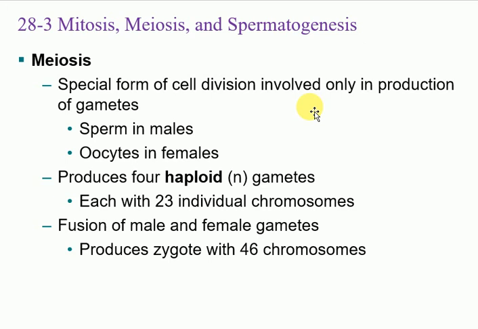What's haploid, 23 or 46? 23. It's one set only. Why is that? Because you end up having a sperm with one set and an oocyte with one set. So when they merge together, you end up having a normal cell. Make sense? So it will be 46 at the end, and the zygote will end up containing 46.